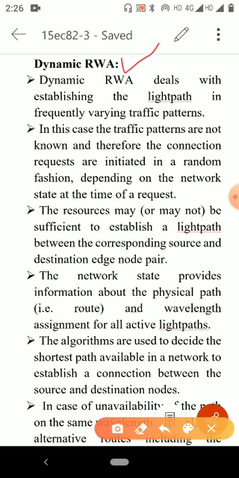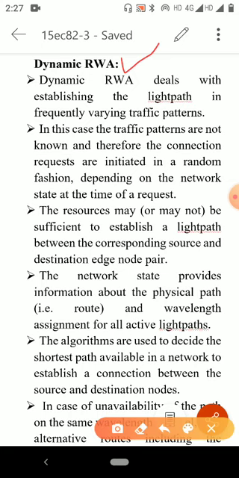The network state provides information about the physical path and wavelength assignment for all active light paths. The state evolves randomly in time as new light paths are admitted and existing light paths are released. Thus, each time a request is made, an algorithm must be executed in real time to determine whether it is feasible to accommodate the request, and if so, to perform RWA.